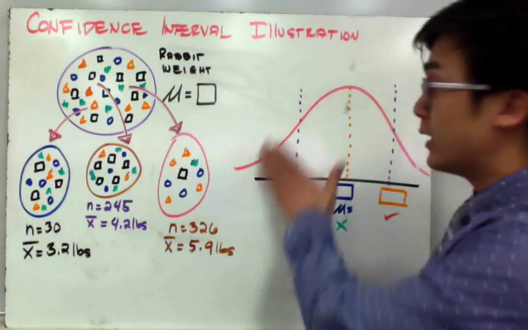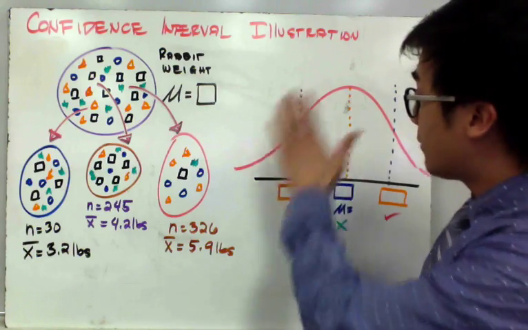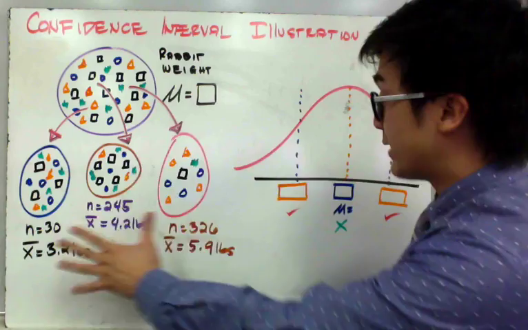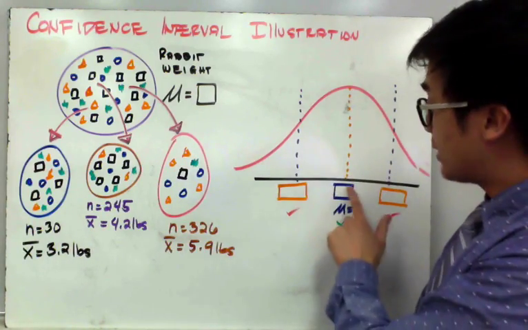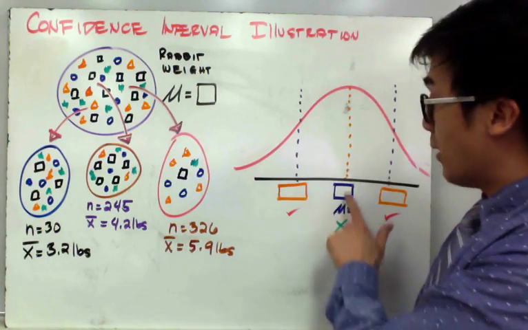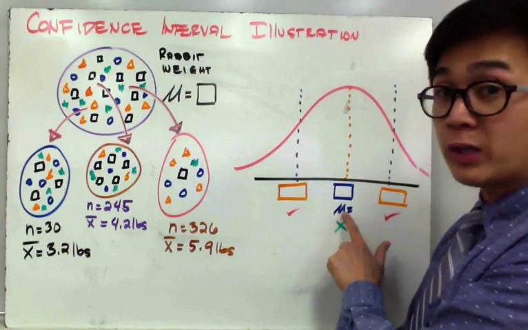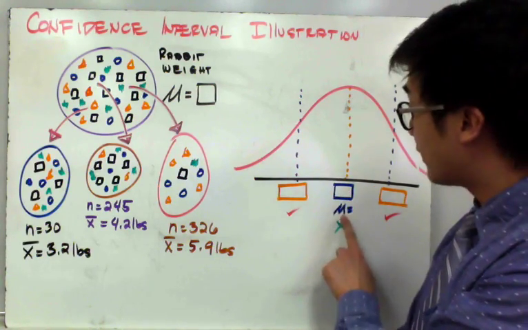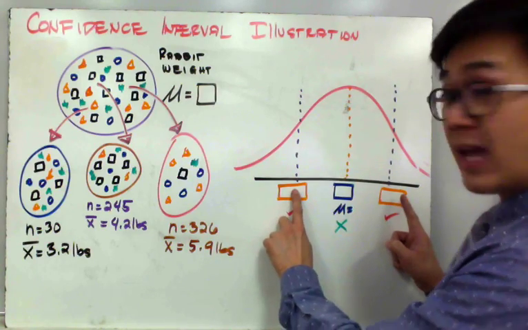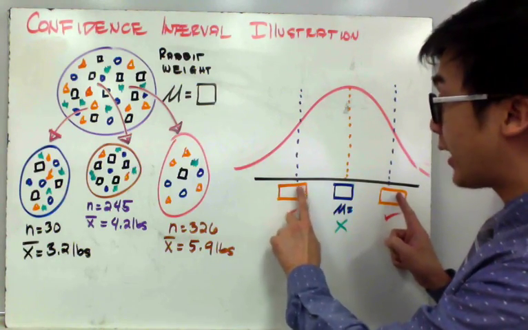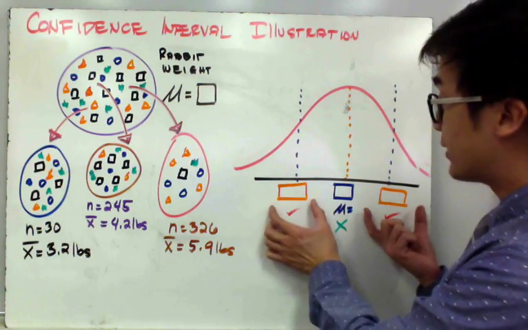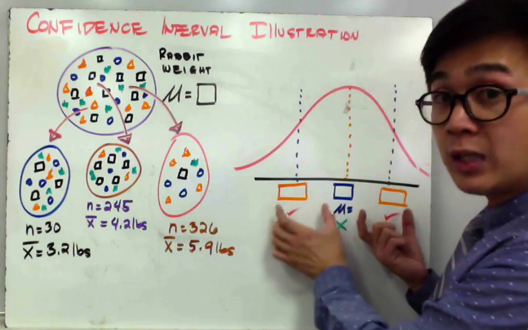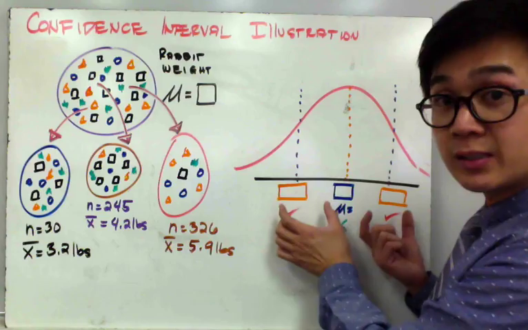And this is how you illustrate your estimated population mean based on our sample. If you will notice, this box right here is your population mean, and we know that we are not going to be able to find the exact value of this mean. However, we can at least estimate. So these two boxes right here will be our confidence interval. And this confidence interval is something that we can compute using some statistical formula.